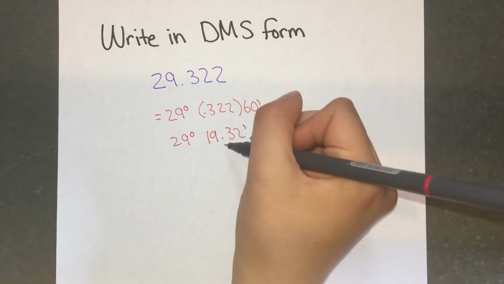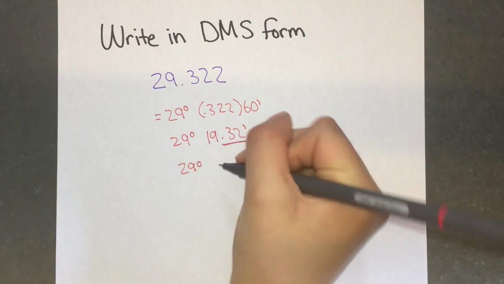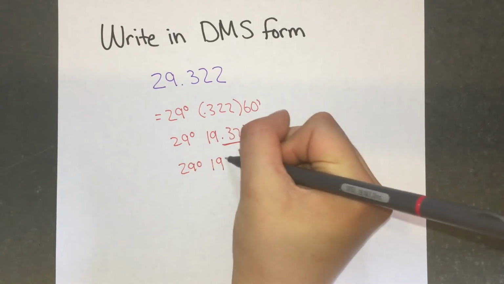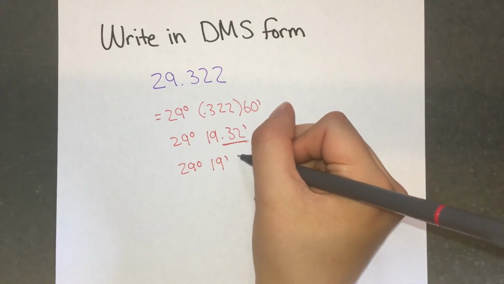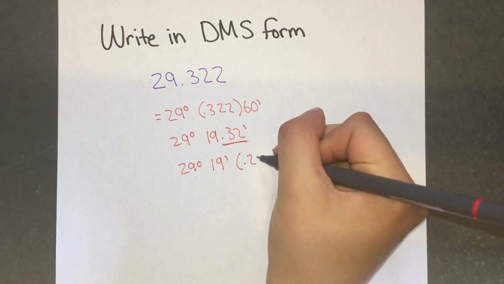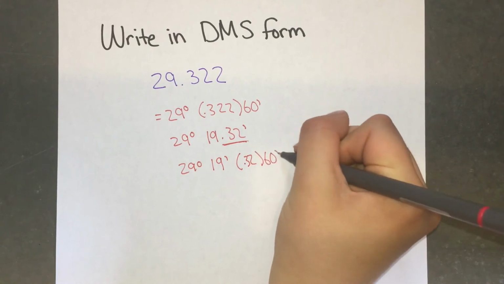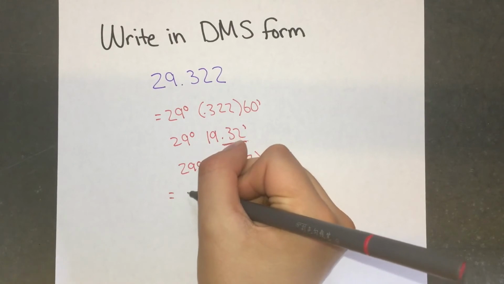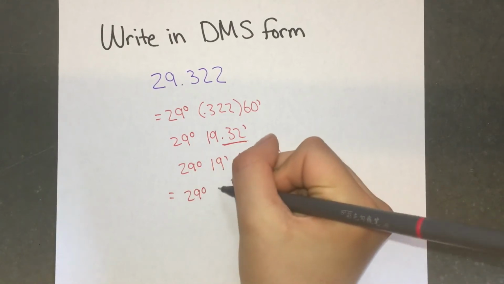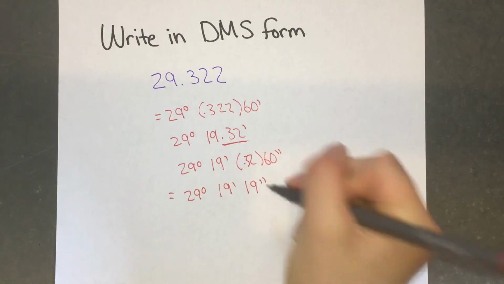Next, we're going to take this decimal point right here, so 29 degrees, 19 minutes, and we're going to take this 0.32 and multiply it by 60 again to find the seconds. So we're left with 29 degrees, 19 minutes, and 19 seconds.